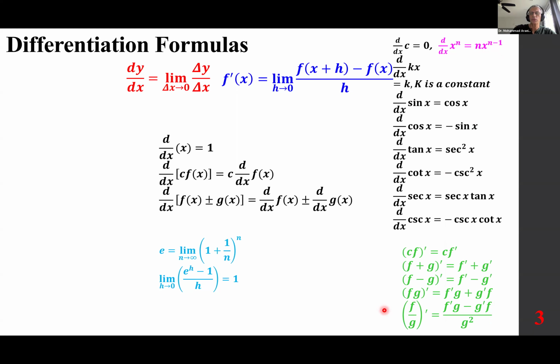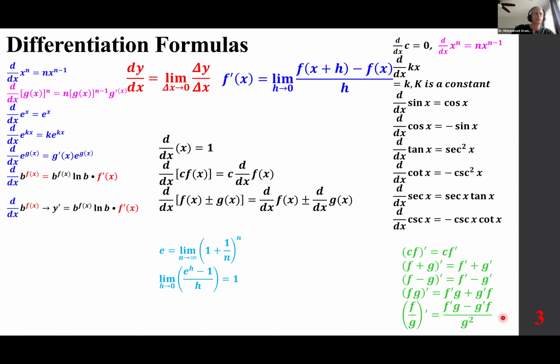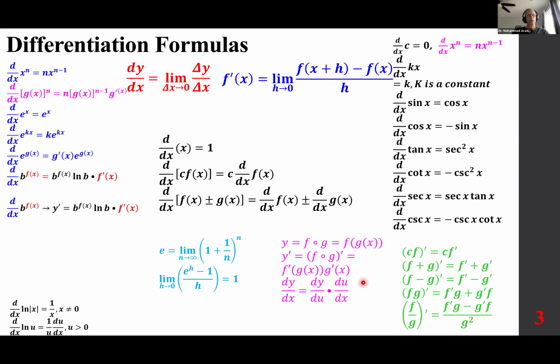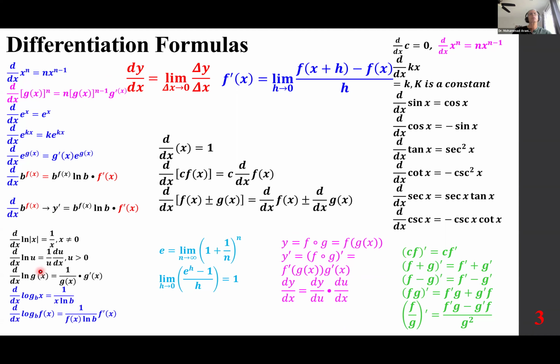The product rule, the quotient rule, exponential functions and their derivatives, power rule resulting in the extended power rule, and composite function resulting in the chain rule. And now we are adding the new stuff, logs.